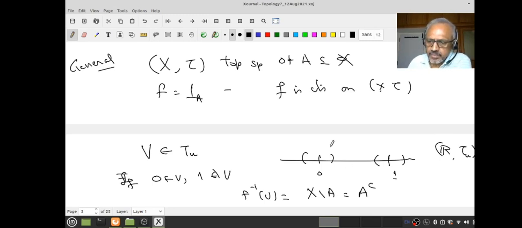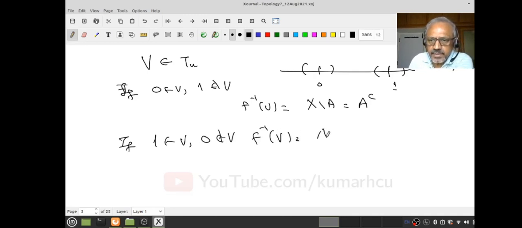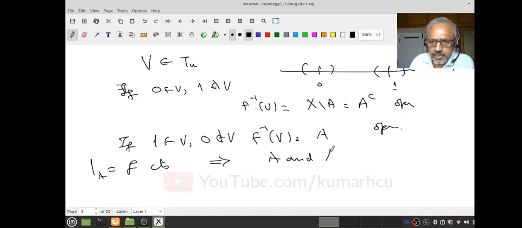And if 1 is in V and 0 is not in V, then F inverse of V is A. Since V is open, and F is continuous, both of these have to be open. Do you follow that? Therefore if F, the indicator function of A, is continuous, it implies A and A complement are open. This is what we observed in the earlier case.